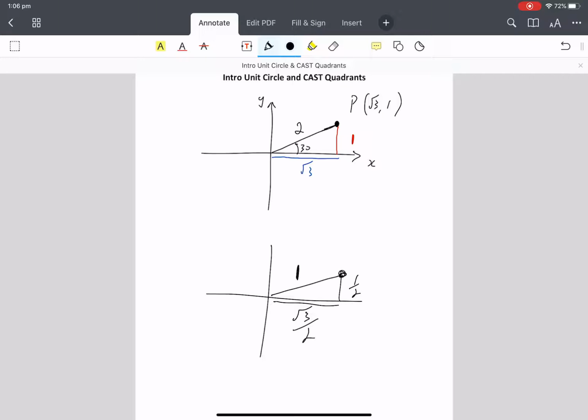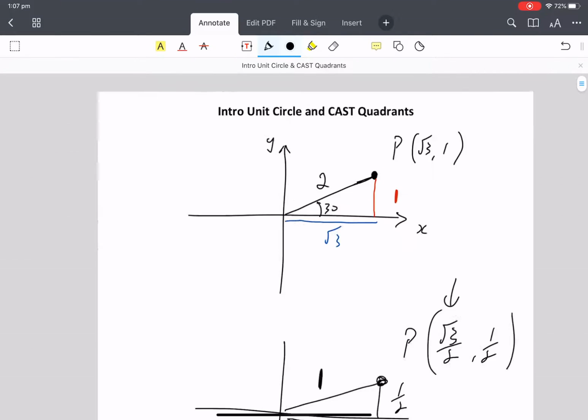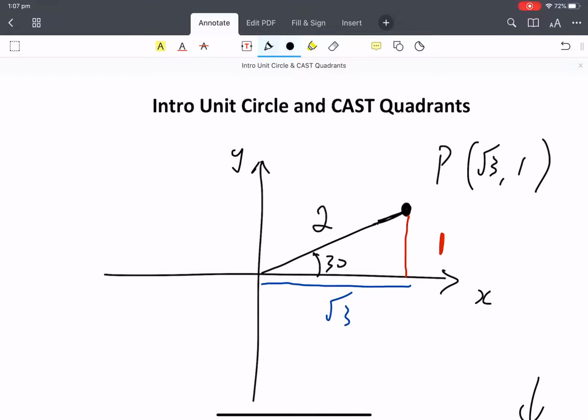So this point P will be the point root 3 on 2 and a half. It's irrelevant what this number is. We're really looking at whether it's positive or negative. So for me, let's just keep things easy and just use a radius of 2 so that these numbers are easy to think of. Okay, good-o.